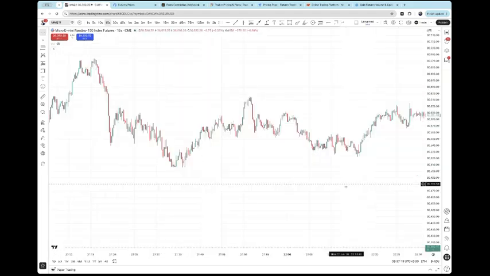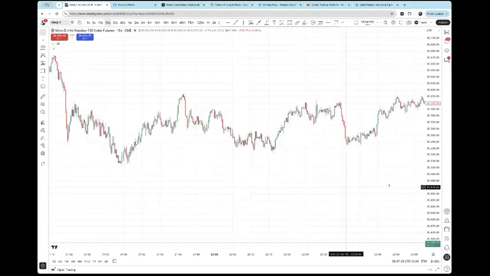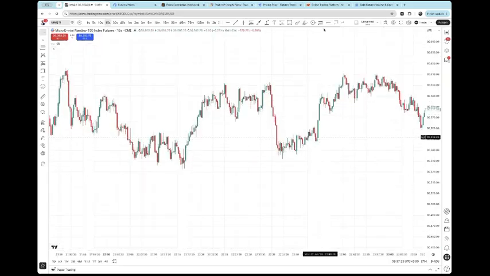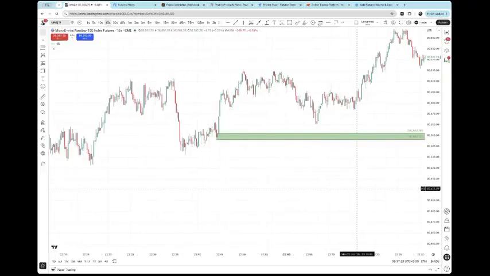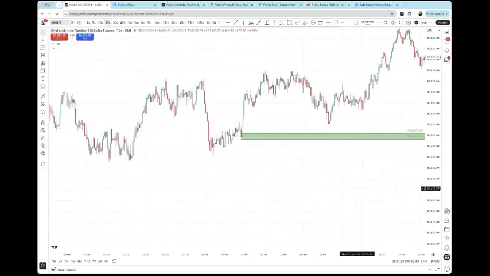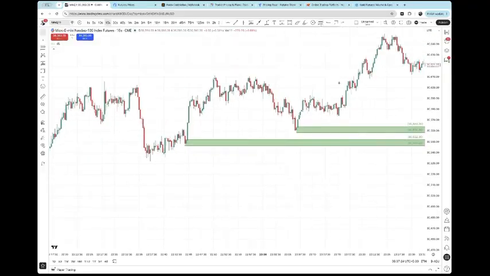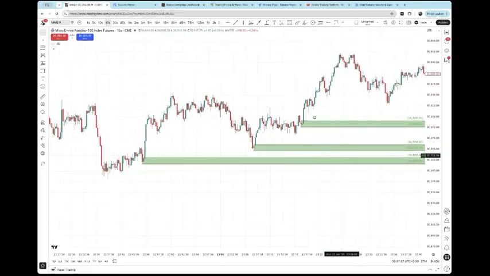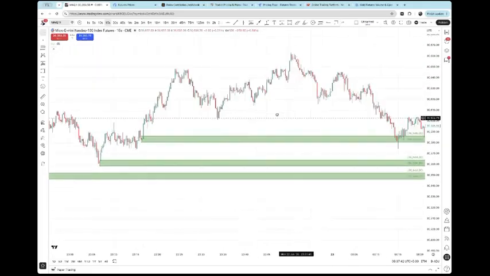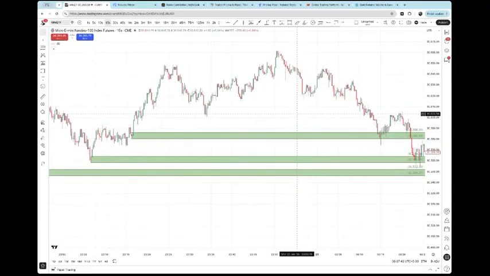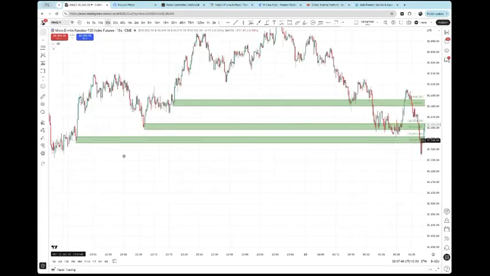And there was one more trade, drop boring rally. There was one more trade, drop boring rally. Which one worked? This one worked, the first one.